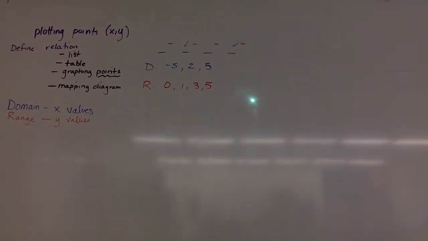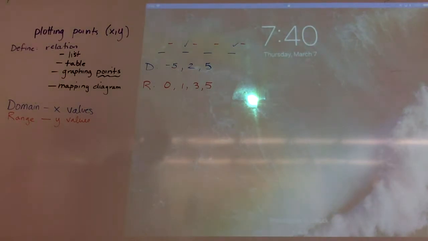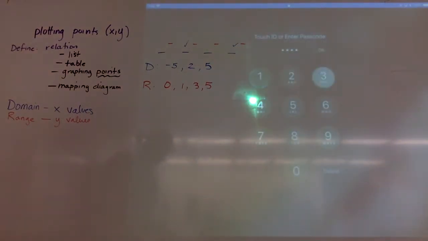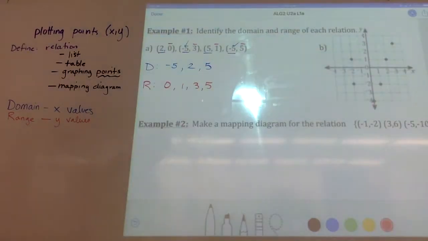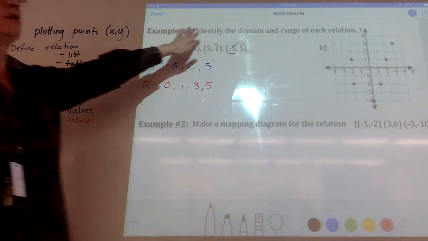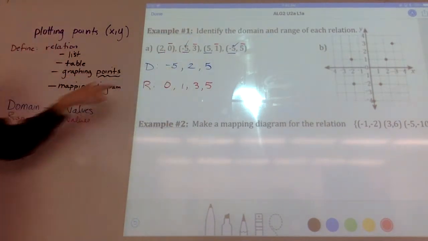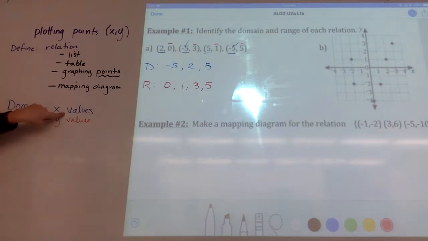So when the problem says identify the domain and range, what you, the student, need to know is that when they say domain, they want you to list the x values. When they say range, they want the y, and they want you to use the 2 rules that we talked about on the front of the page. That's what you need to get out of this lesson so far.